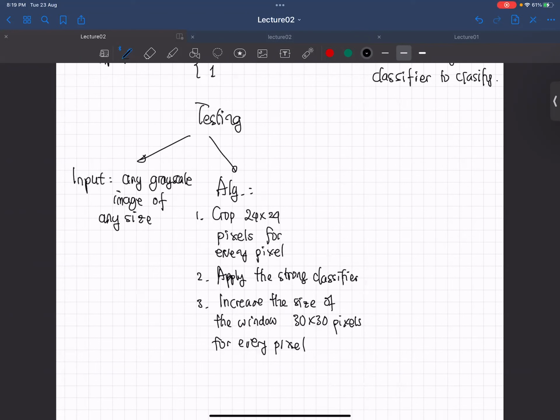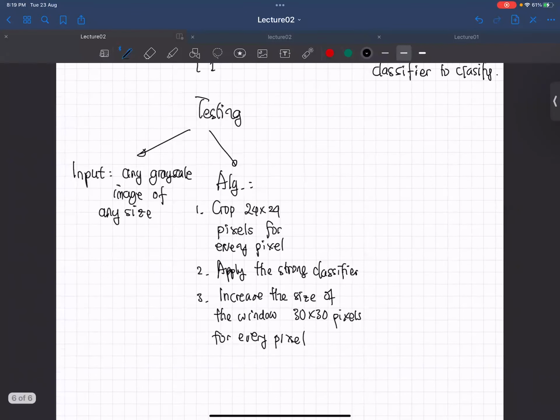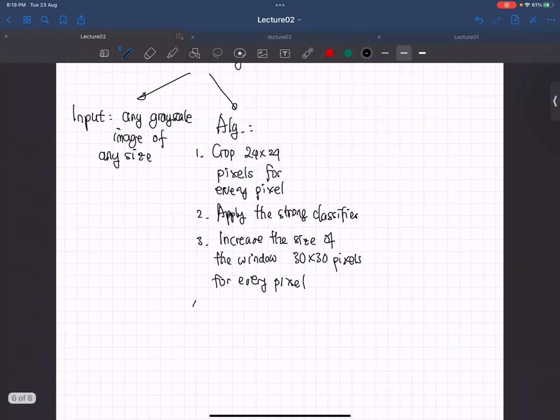Now, because your patch is 30 by 30, you need to downscale it to 24 by 24, and then apply this strong classifier. You iterate this by increasing the size further and further, and downscale again to 24 by 24, and so on and so forth.